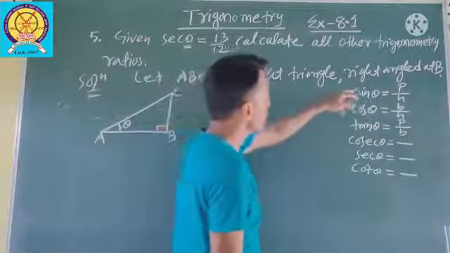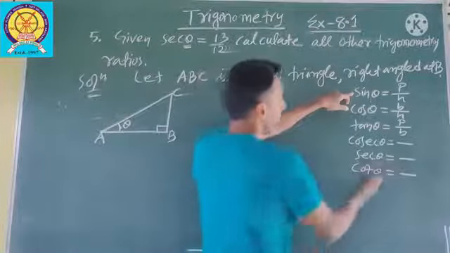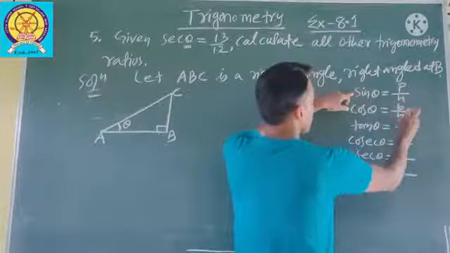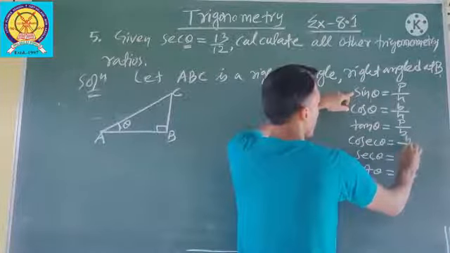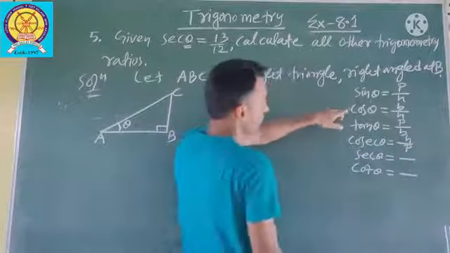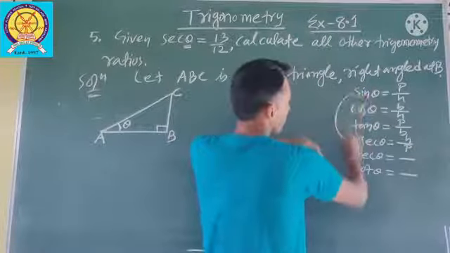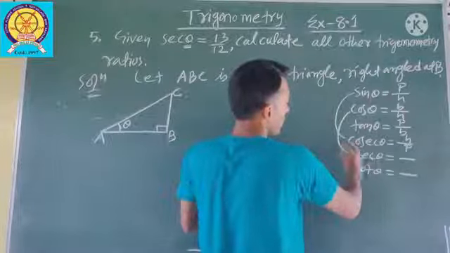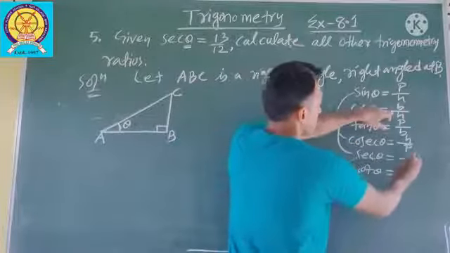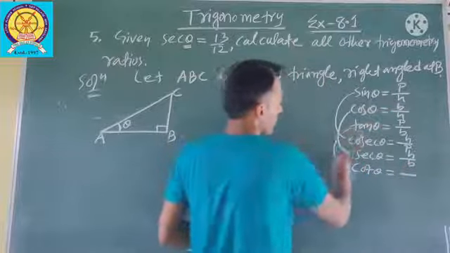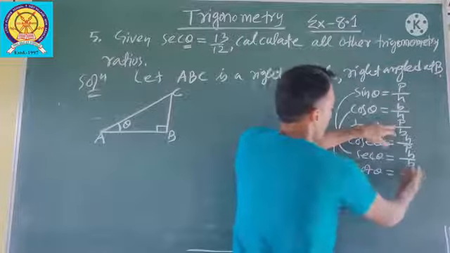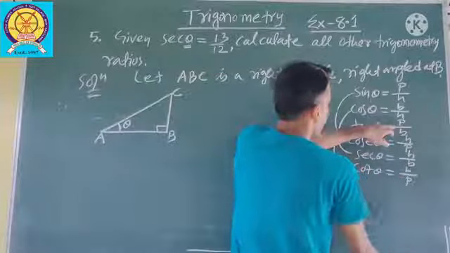Now we know the reciprocal of sine is cosec. Sine is perpendicular by hypotenuse, so cosec will be hypotenuse by perpendicular. Reciprocal of cos is sec, it will be hypotenuse by base. Reciprocal of tan is cot, it will be base by perpendicular.